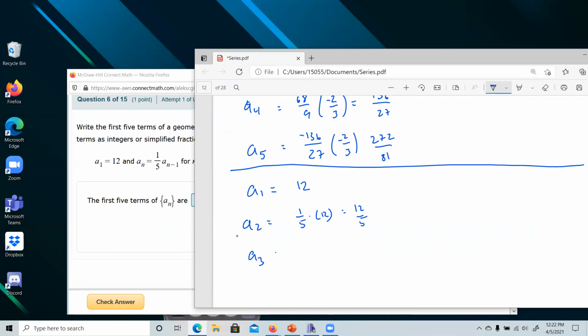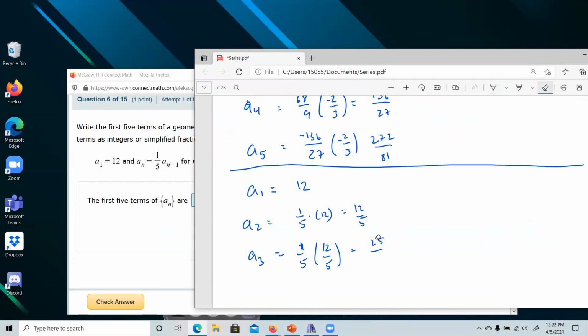A3, right, is equal to 1/5 times 12/5. Okay, so it's equal to 12/5 here. Oh no, it isn't. I'm just trying to follow their formula. Okay, that's 12.